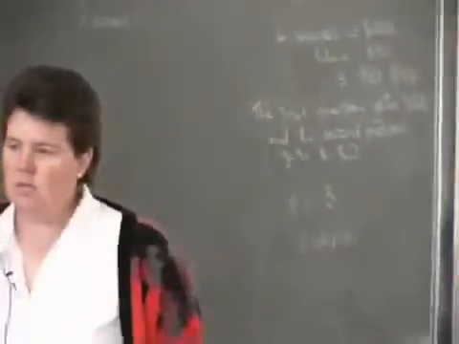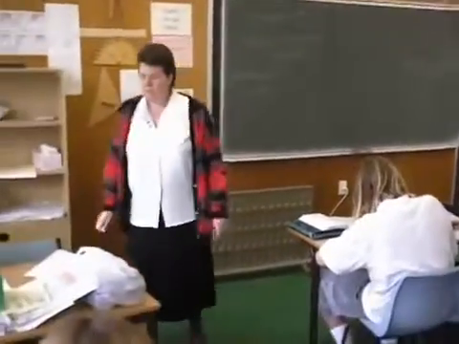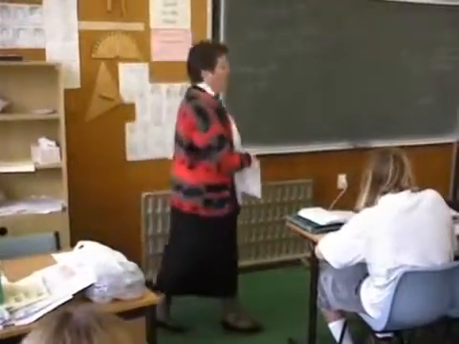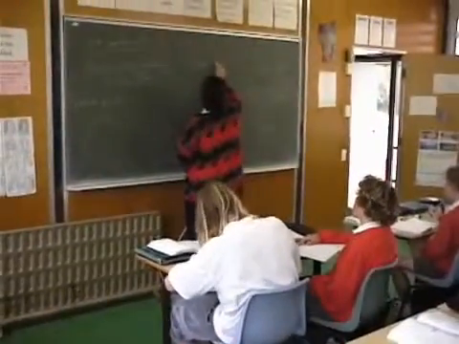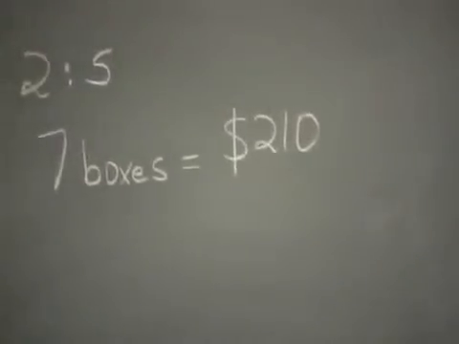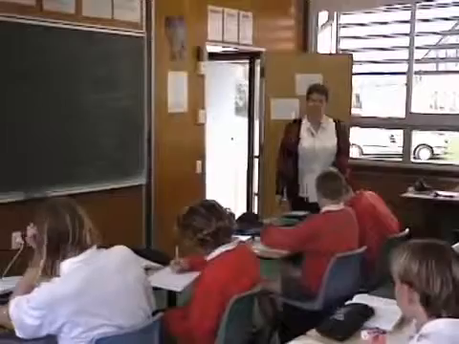Okay, and I actually want you to divide $210 between those 7 boxes in the ratio 2 to 5.